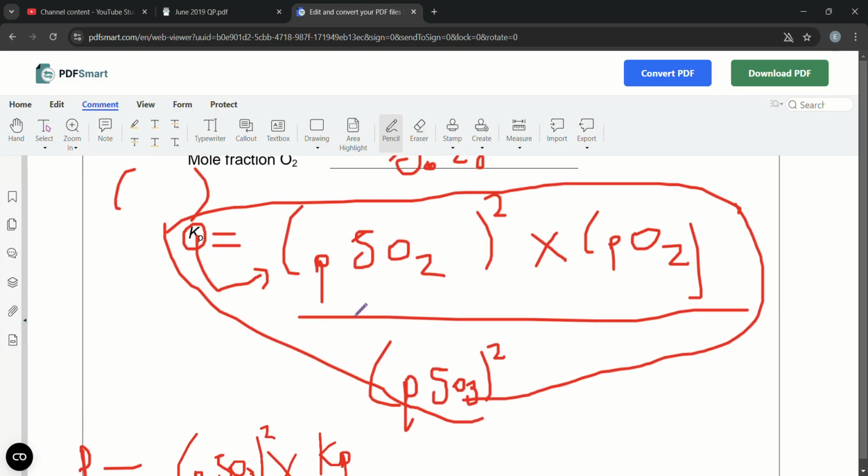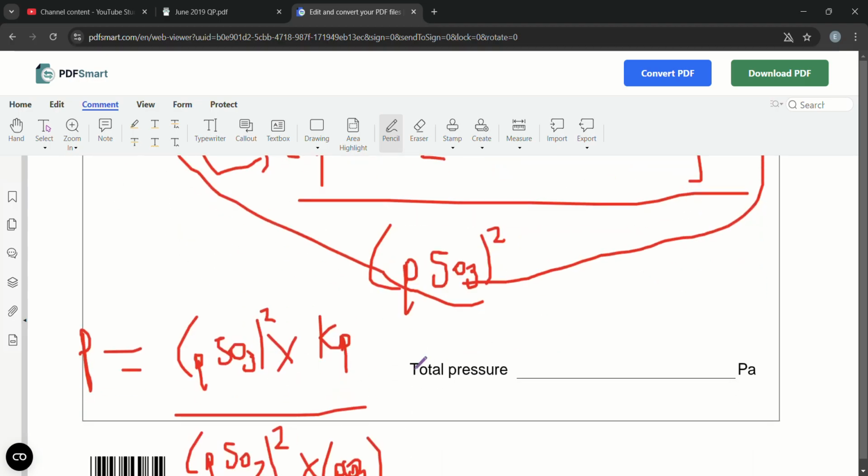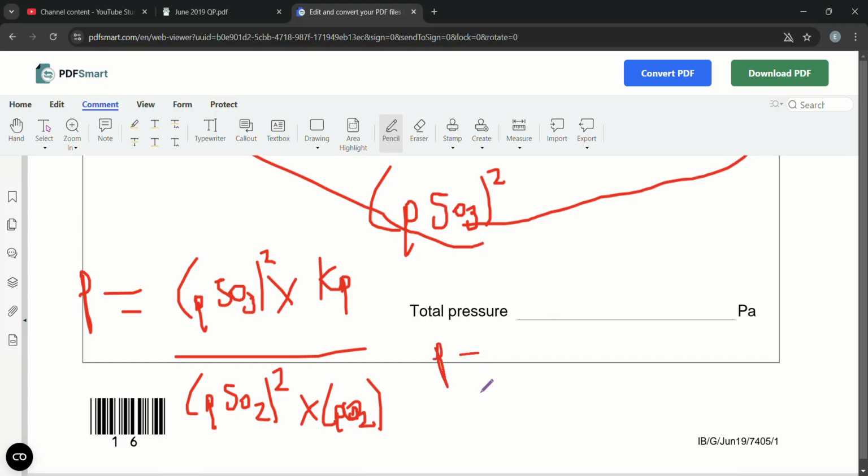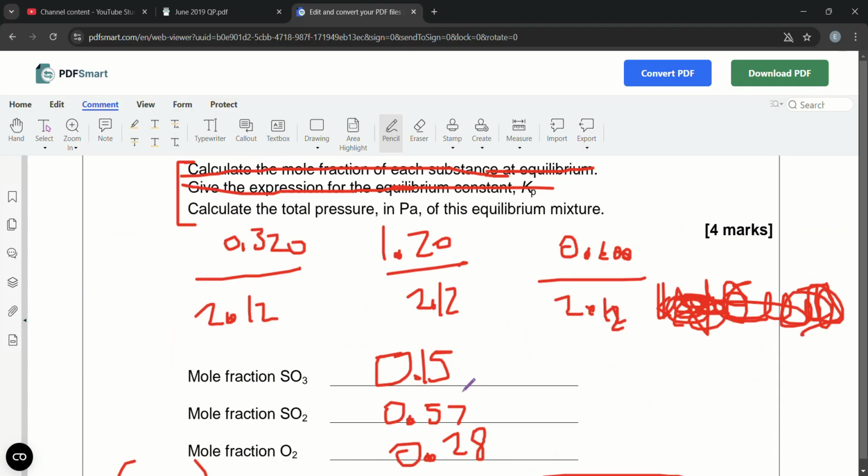All we've done, because it's divided, is flip it over and multiply by that. And now to find the pressure, we just substitute the values in.